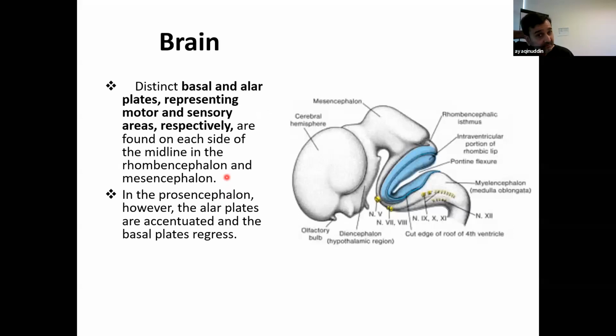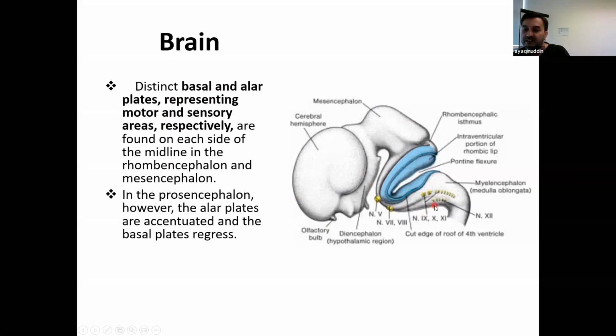So we have distinct basal plates and alar plates, representing the sensory and motor areas, found on each side of the midline in the rhombencephalon. If you see, this is the prosencephalon, this is the mesencephalon, and this is the rhombencephalon. And this flexure which you are seeing is the pontine flexure.